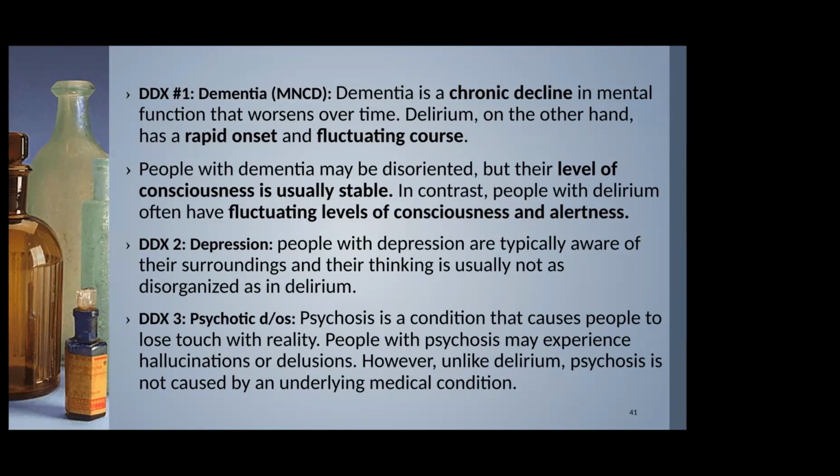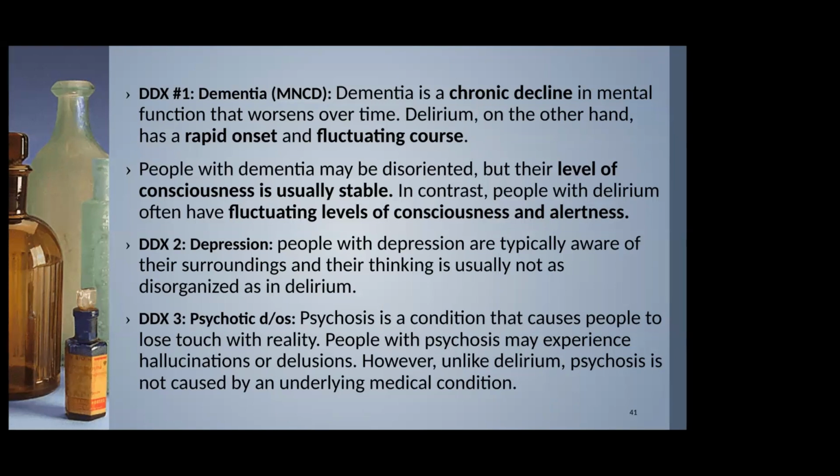Okay. The third differential diagnosis is psychotic disorder. Psychosis is a condition that causes people to lose touch with reality. So there is impairment in reality testing in psychotic disorders in general. People with psychotic disorders may experience hallucinations or delusions, right?